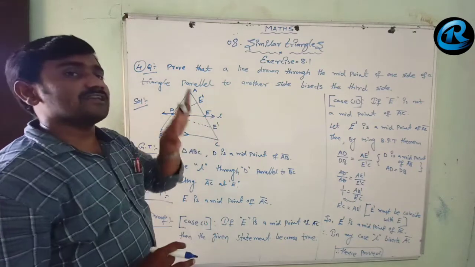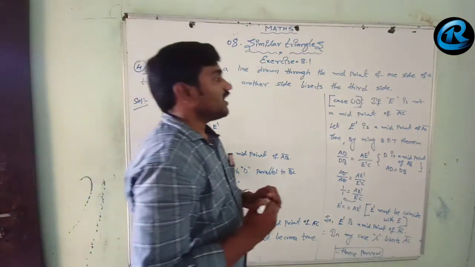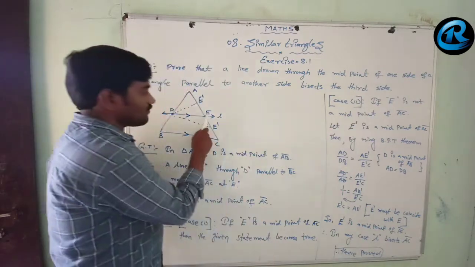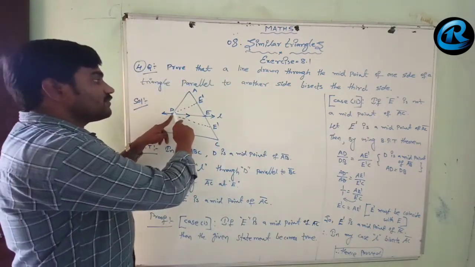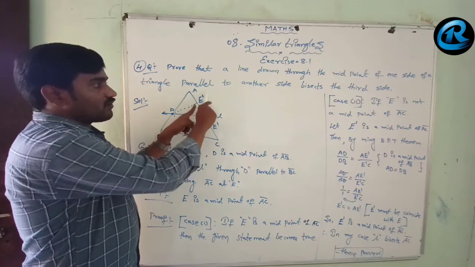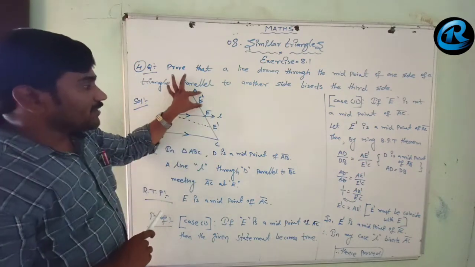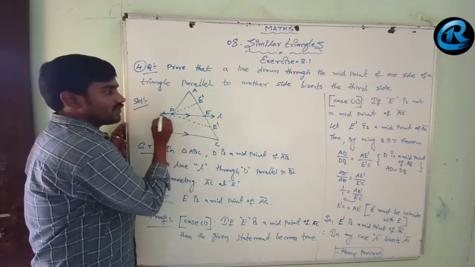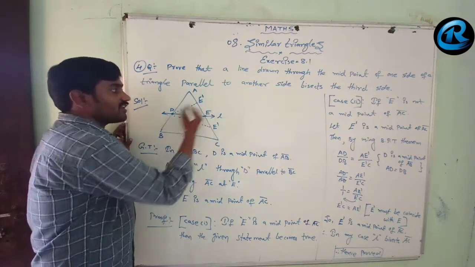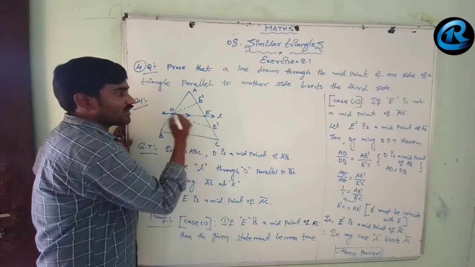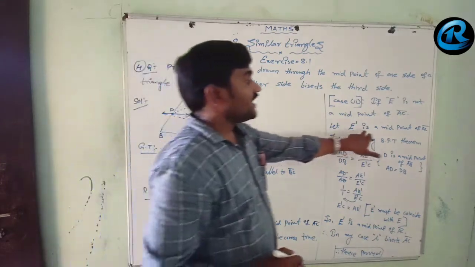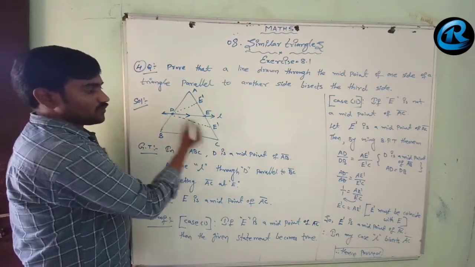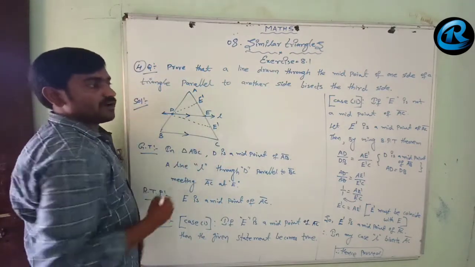Otherwise, if E is not a midpoint of AC, let us take E dash instead of E. E may be here or here; you may draw like this or like this. If E is a midpoint, the answer is proved, but if E is not a midpoint, suppose E dash is a midpoint of AC.